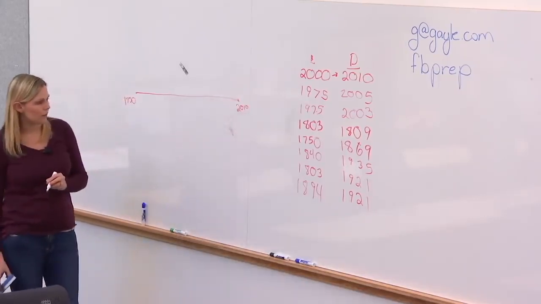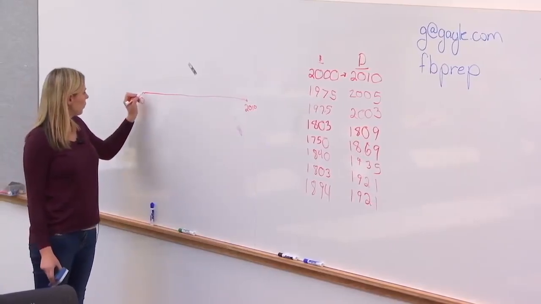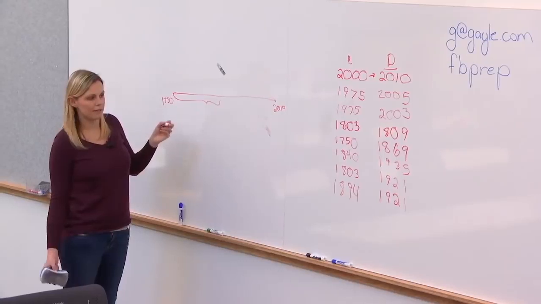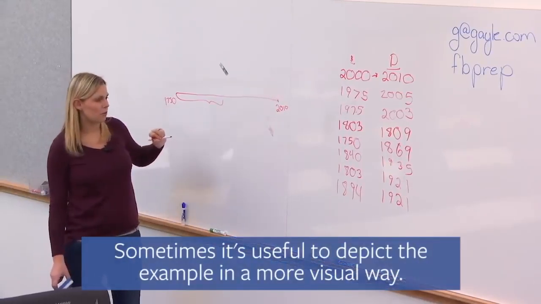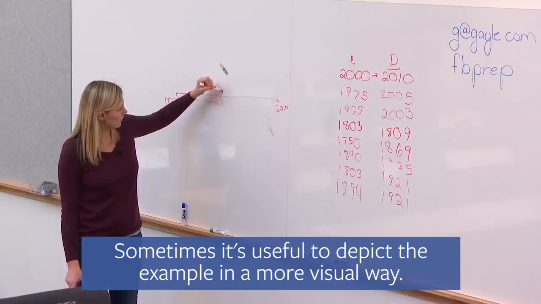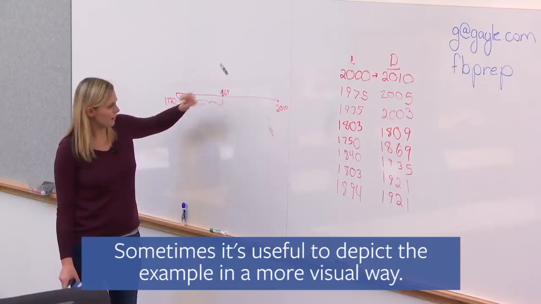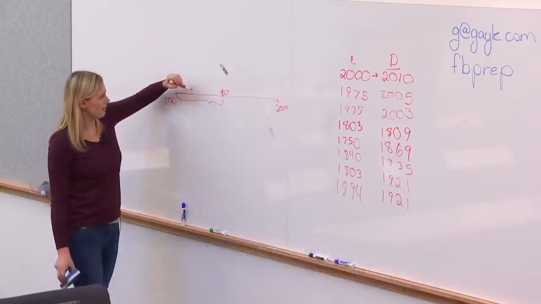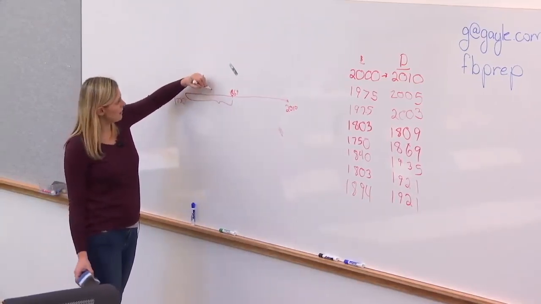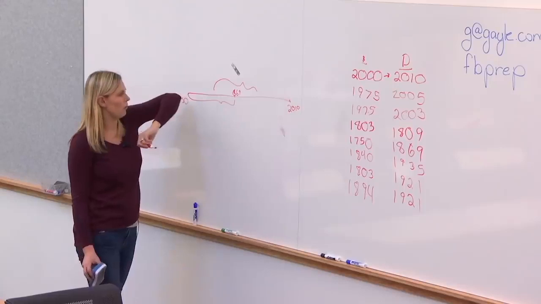And now let's start recording this. So one person was born in 1750. This is not going to be to scale, that's fine. One person born in 1750 lived to 1869. Someone else was born here. I'll start deviating from that example just to make things easier.